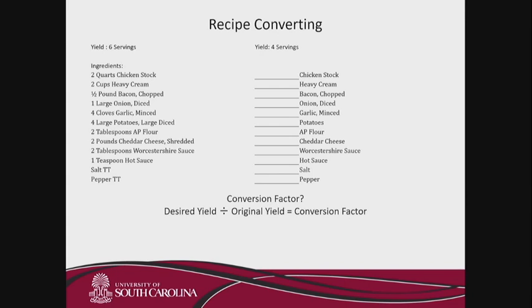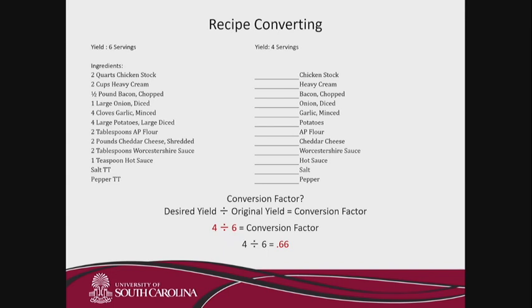First thing we got to do, our conversion factor. What is our desired yield? 4. What's our original yield? 6, right? So 4 divided by 6 gives us a conversion factor of 0.66, right? We divide that out, we get 0.66.